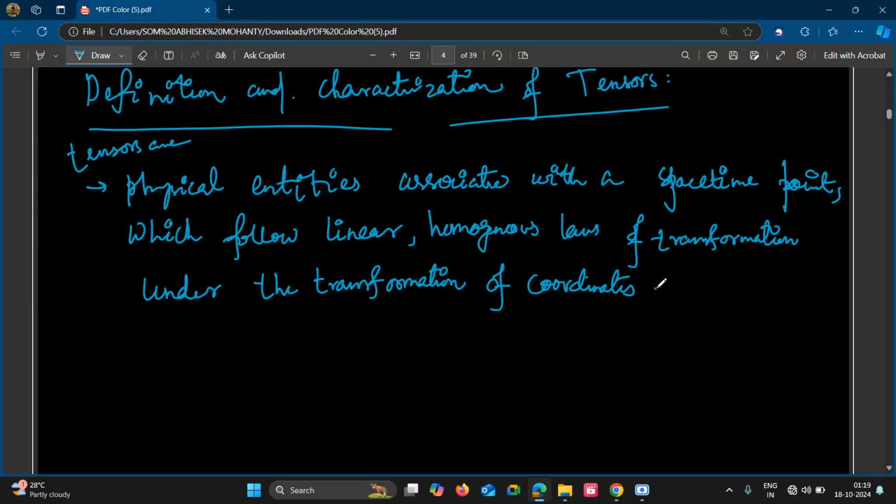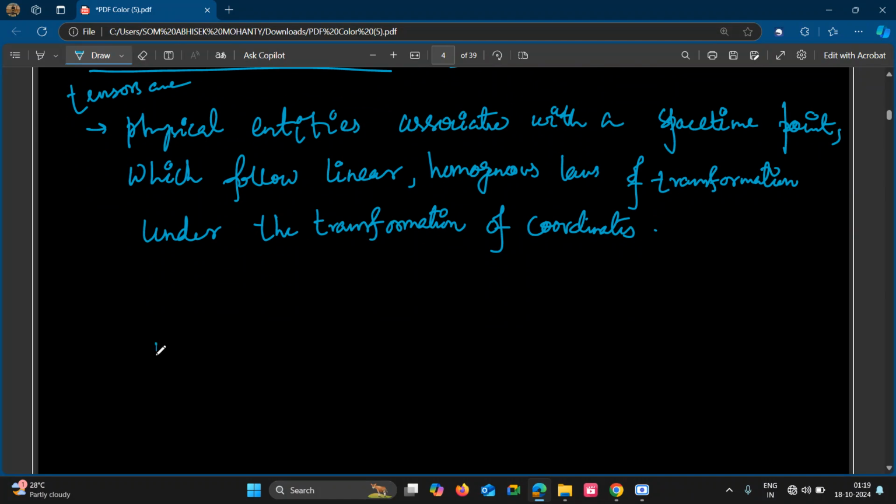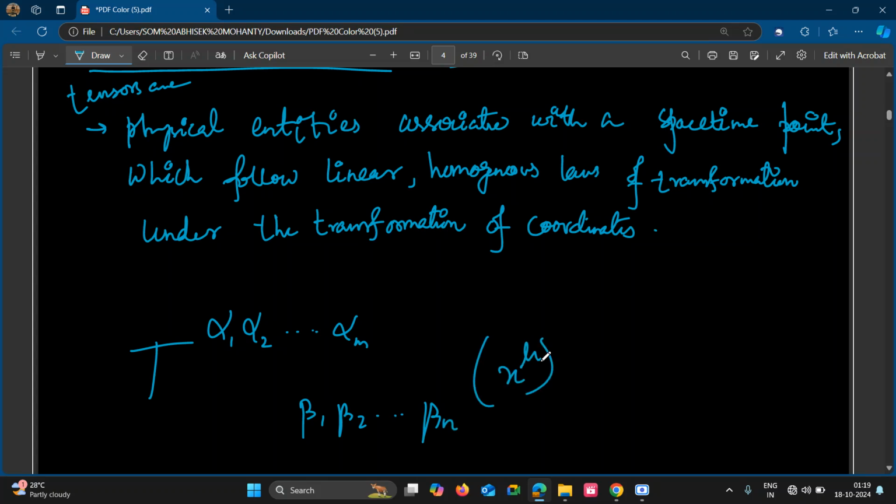A tensor carries superscript and subscript indices, one up and one down, and the total number of them signifies the so-called rank of the tensor. Suppose a tensor is written with upper indices alpha 1, alpha 2, up to alpha m, and lower indices beta 1, beta 2, up to beta n, of x mu. Then the rank will be m plus n.